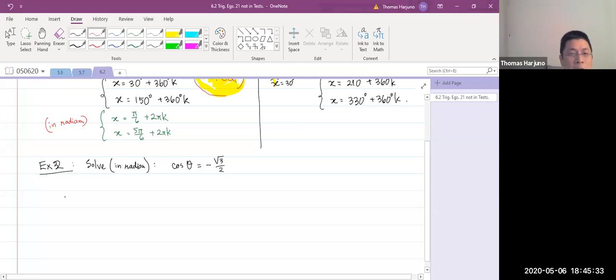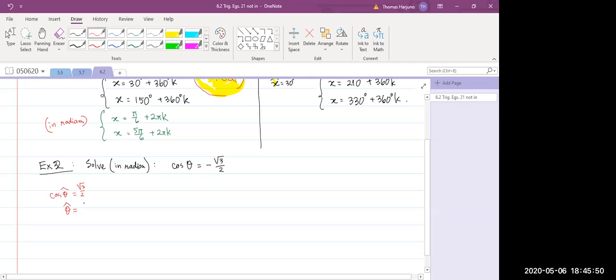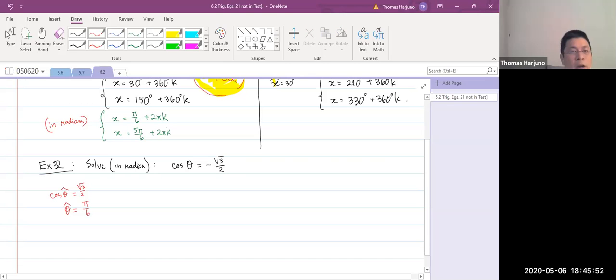I need the reference angle first, right? The question I need to answer at the back of my mind is: cosine of that reference angle should be radical 3 over 2. So what's that reference angle? Pi over 6. 30 degrees, pi over 6, because we want radians. Now that's what happens at the back of our mind. Go back to the main question.